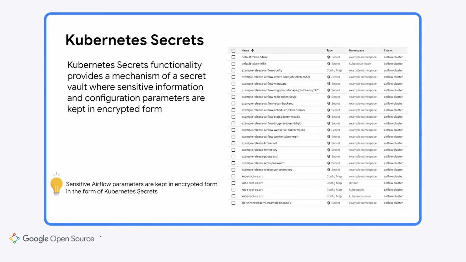As you can see on my right hand side, where there is a list of secrets, the Fernet key is stored in the Kubernetes configuration as a secret in encrypted form. This example comes from the configuration of the Apache Airflow Helm chart. On a very similar basis, Cloud Composer also stores secrets using Kubernetes secrets.